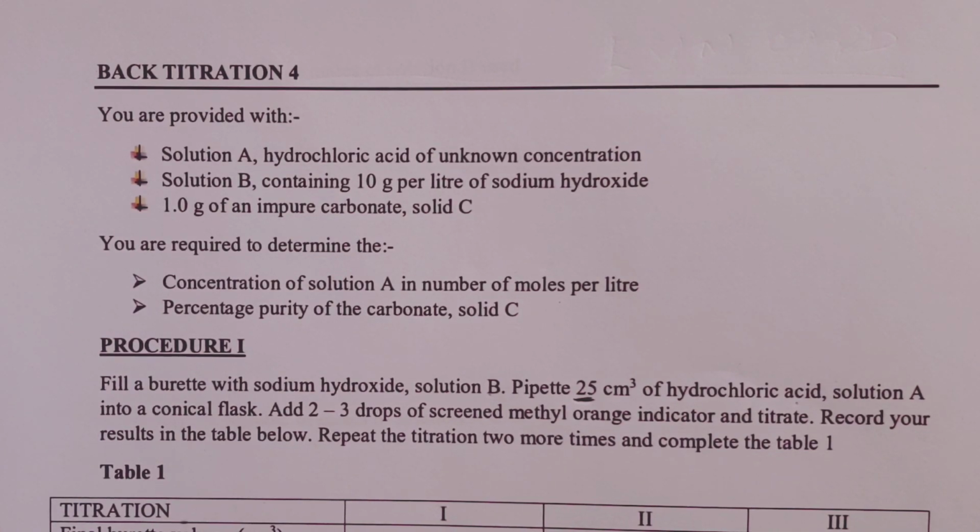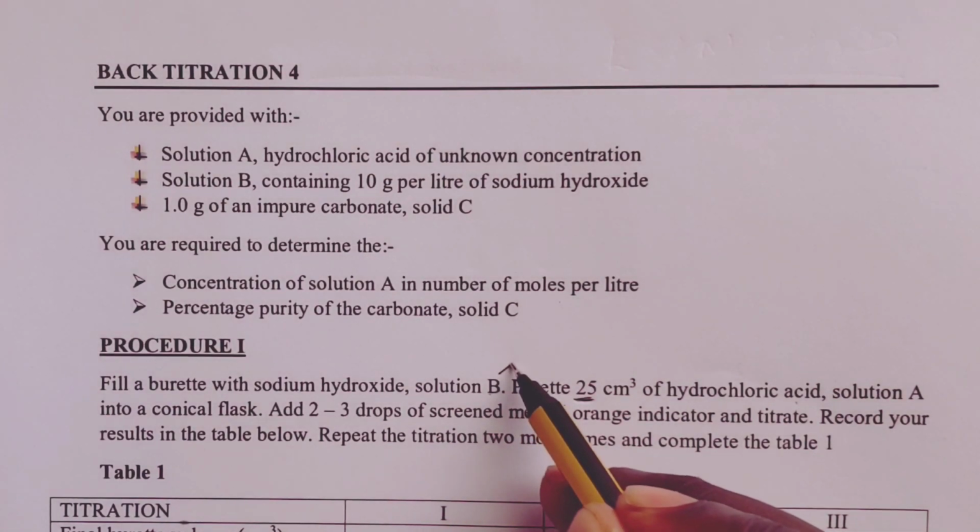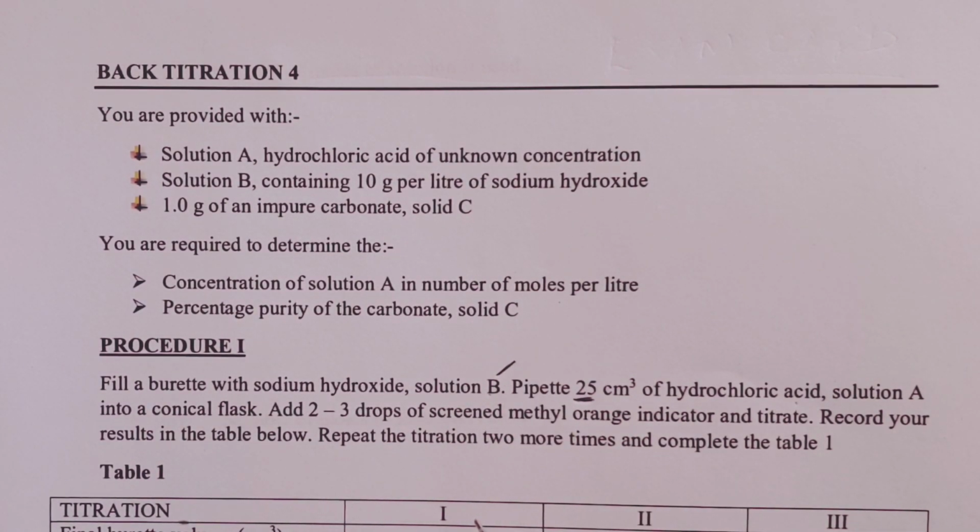table 1. At this point, we always advise our students to have their own summary of the solutions given so that they are able to easily refer to the solutions during calculations.